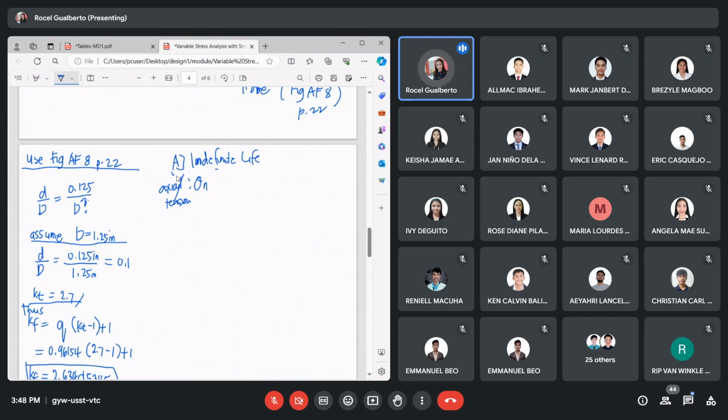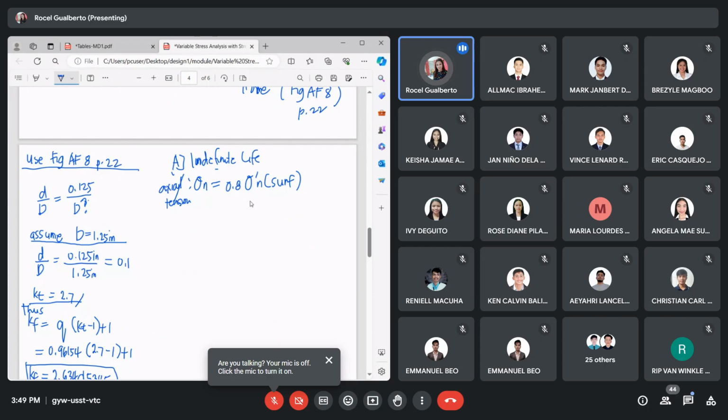So, this is equal to 0.8 sigma prime n times the surface factor. Yan po yung equation natin.